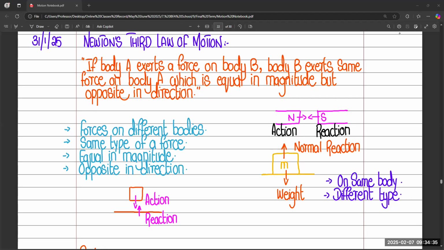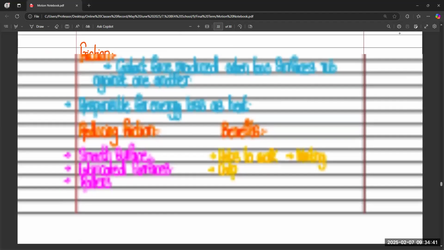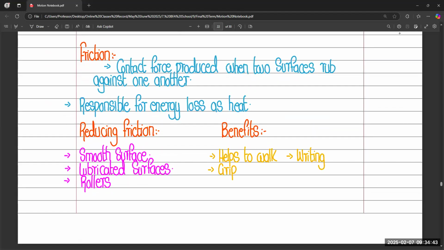Okay, in the forces chapter, last time we discussed the concept of friction, and friction is like a resistive force during the motion of a body when the body is moving in any specific direction. So friction always acts in the opposite direction to the direction of motion of a body, right?